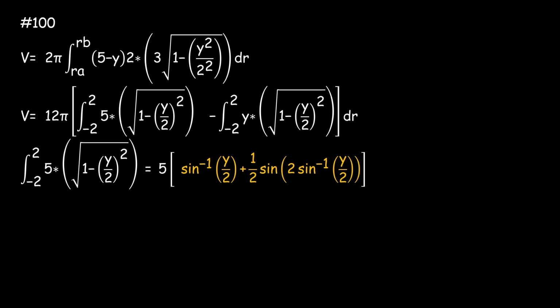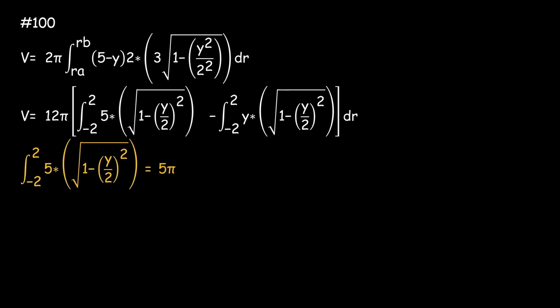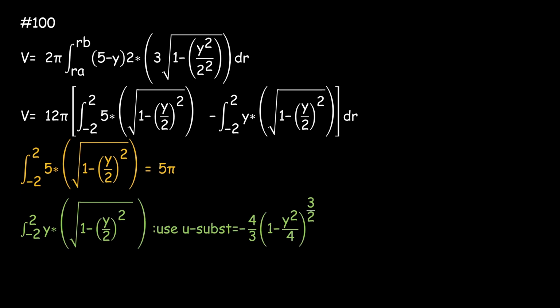That will be 5 times sine inverse of y over 2 plus half times sine of 2 times sine inverse of y over 2. You can calculate this by yourself because we've done a lot of examples in previous questions. If we substitute from negative 2 to 2, it will just give us 5 pi.